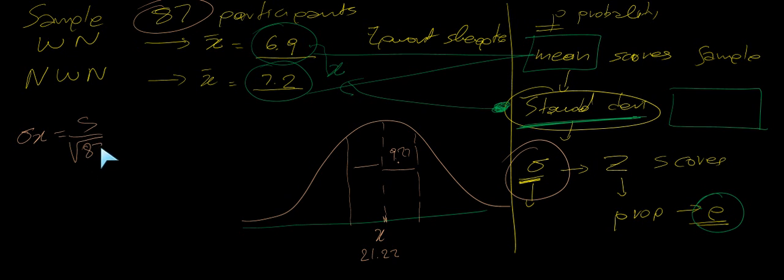So the square root of 87. So you have to go and say, what's that? 9.27 over the square root of 87.